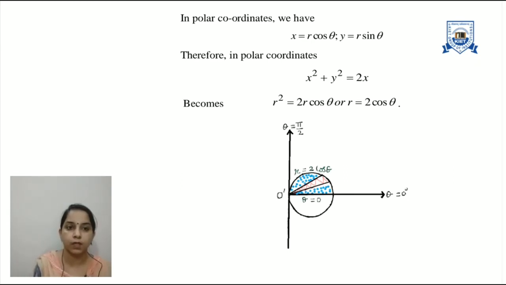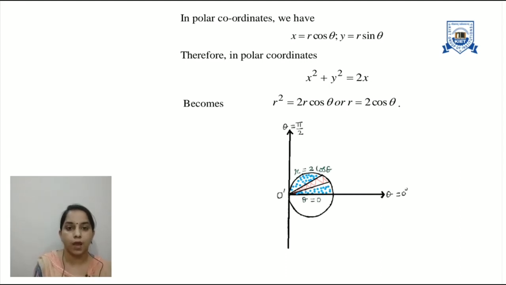Here the limit of theta varies from theta equals 0 to theta equals pi by 2 and the limit of r varies from O dash to the circumference of the circle r equals 2 cos theta. The value of r at O dash is 0 and at the circumference of the circle the value of r varies according to the equation of the circle, that is r equals 2 cos theta.